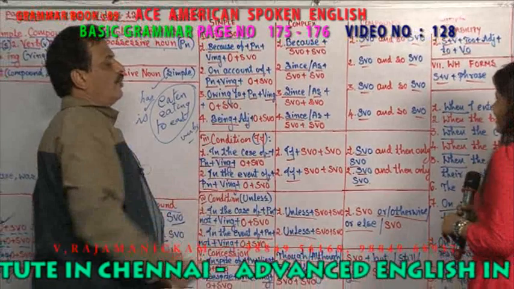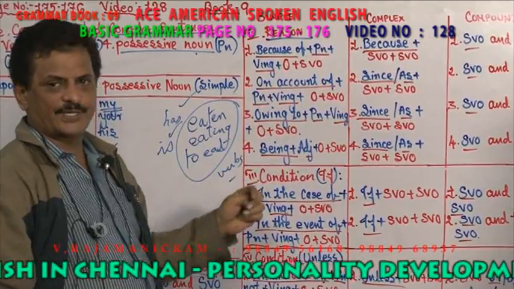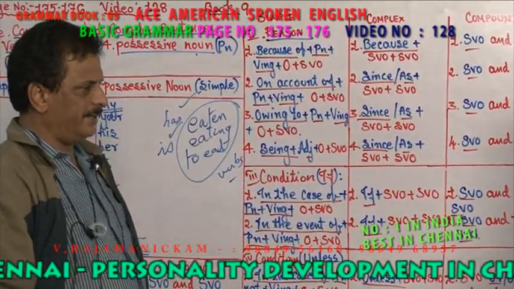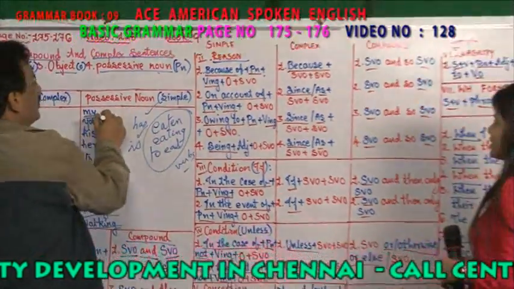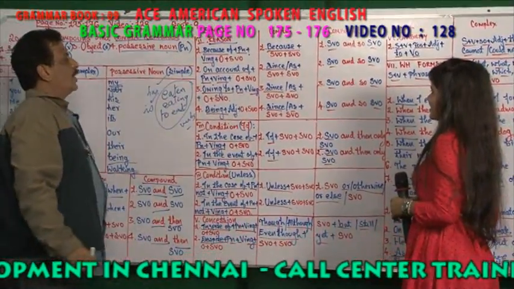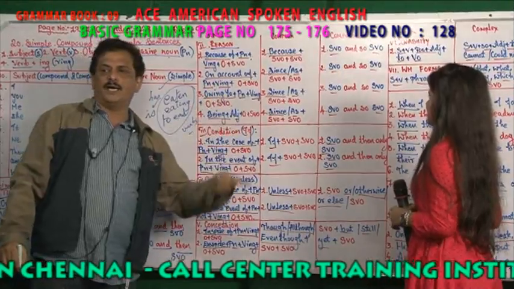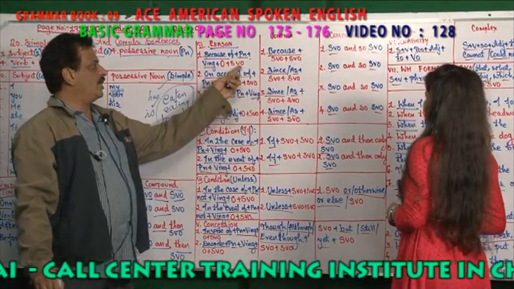Reason for: because of my learning computers, I got a job. You are able to understand? Yes. Because of my working, this possessive means my, you are using. Because of my working or because of my doing a project, I got a job.